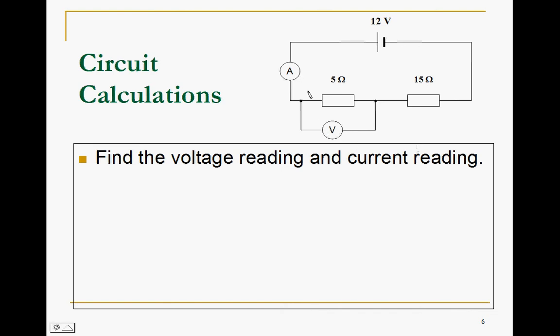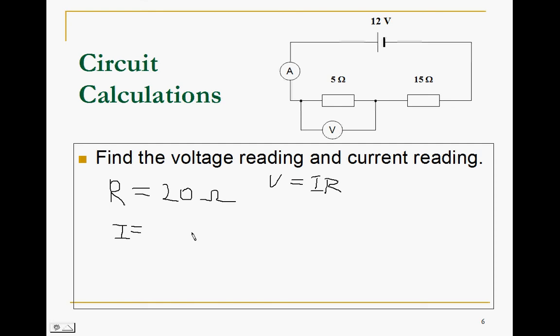Okay, let's take a look at the overall resistance. Now the overall resistance here, you actually have got the total resistance to be 5 plus 15, you get 20 ohm. So what we need to do now is determine the total current flowing. Still remember the formula, V equals IR. So to get the current, you will simply take the voltage divided by the resistance.